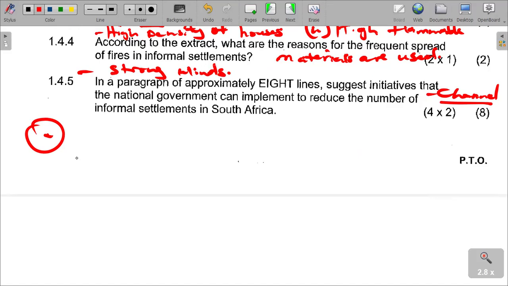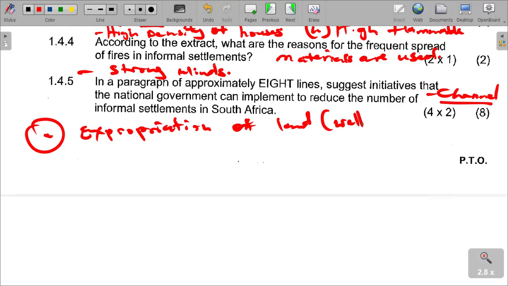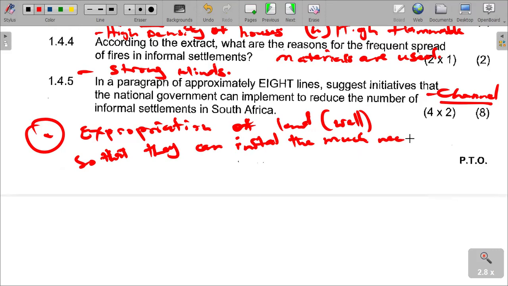The government must expropriate land, which can actually help so that they can install the much needed services in those areas.